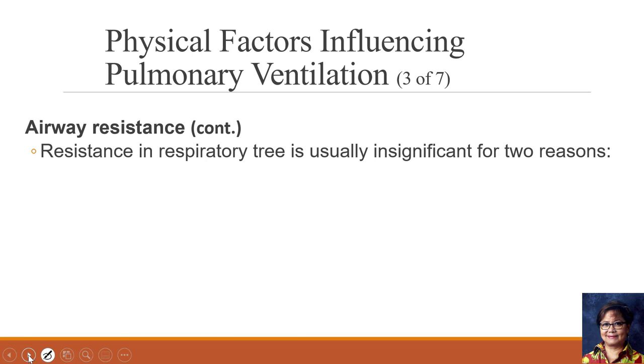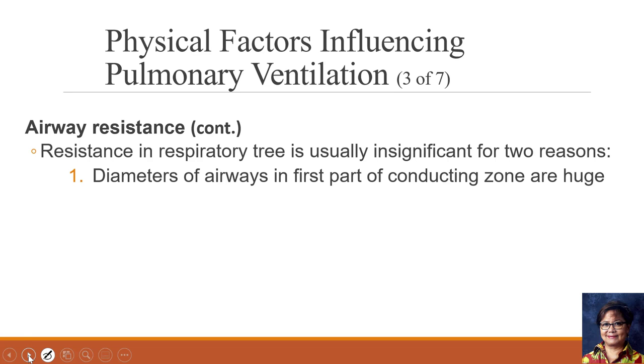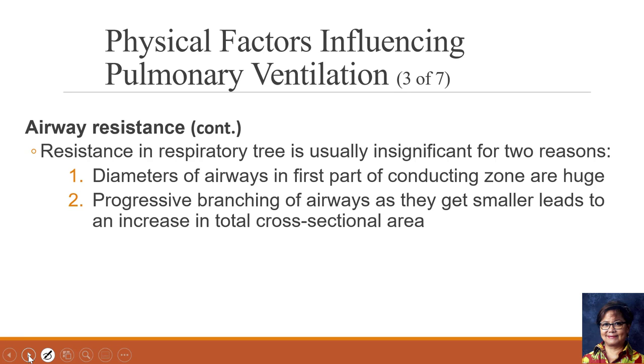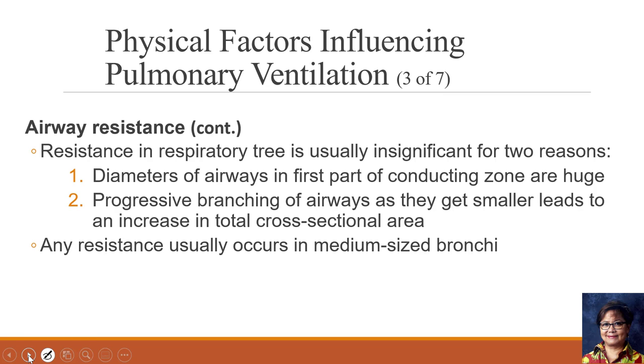Airway resistance is the resistance in the respiratory tree that is usually insignificant, really. And that is because the diameters of the airway in the first part of the conducting zone are big. They're really huge. And the progressive branching out of airways as they get smaller leads to an increase in total cross-sectional area. So any resistance usually occurs in the medium-sized bronchi, not in the very big ones.